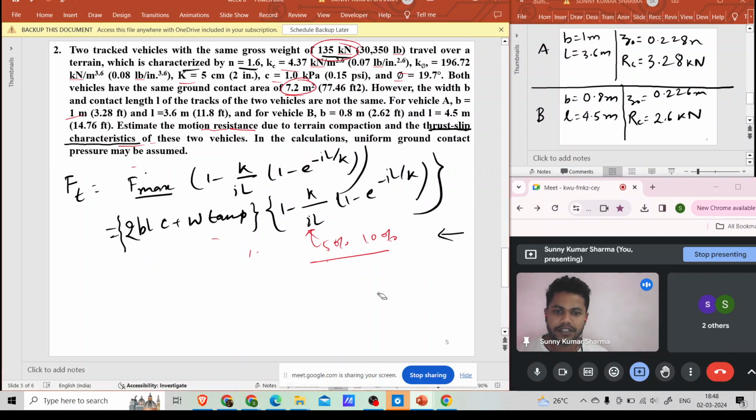So what maximum thrust are you getting? This part will be constant, the same for both of them.